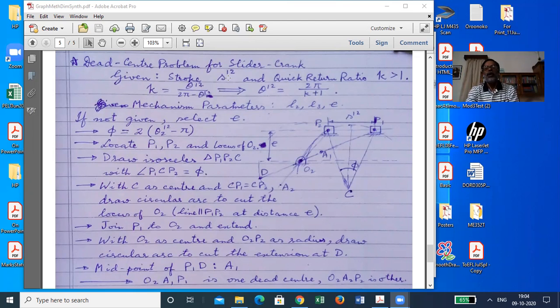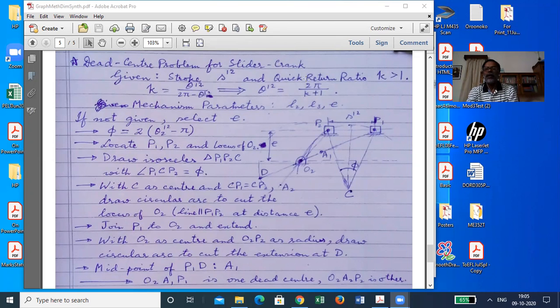So from one end to the other end, it takes some amount of time, and on the way back, it takes less time. In the return path, it takes less time, and that is why it is called a quick return mechanism.